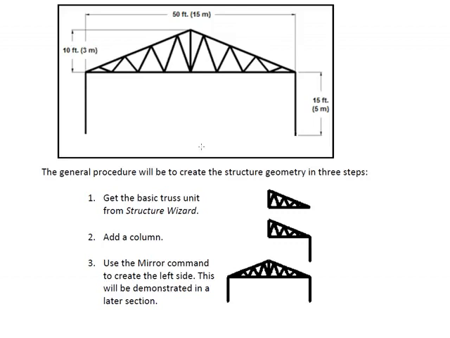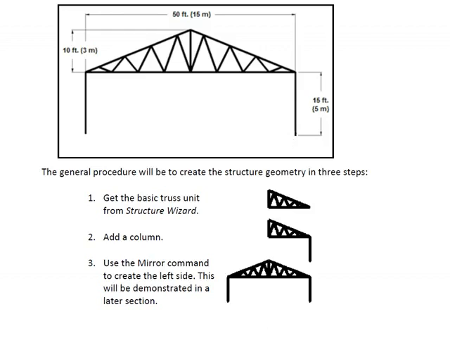In concept, we'll use the structure wizard to quickly create 1/2 of this truss. Then we'll see steps that will show us how to add a column to the eave of the truss. And then later in another exercise, we'll see how to use the mirror command to mirror that and end up in the overall construction of the mill building bent that we see here.